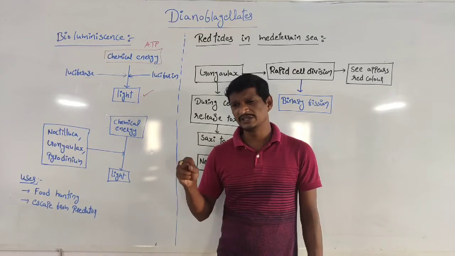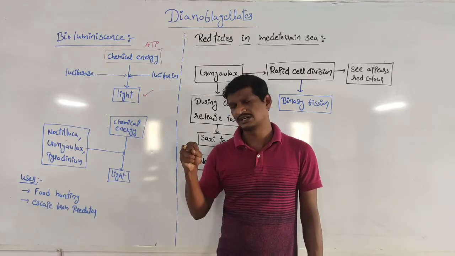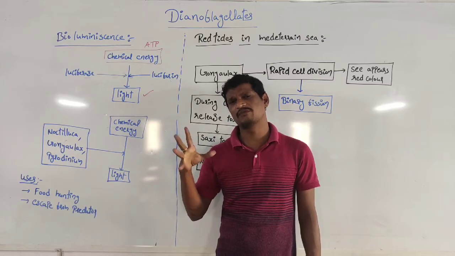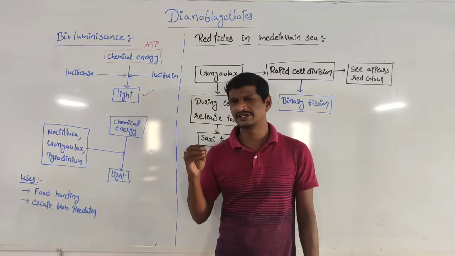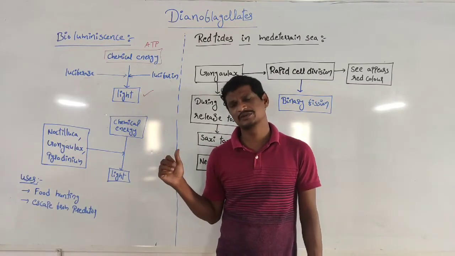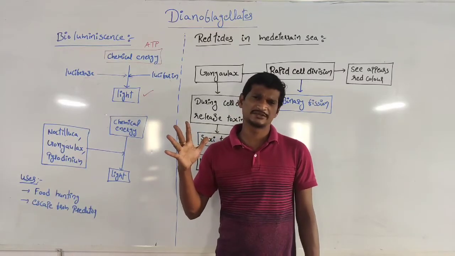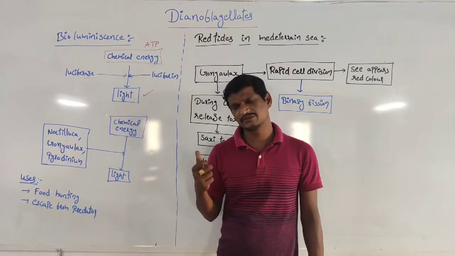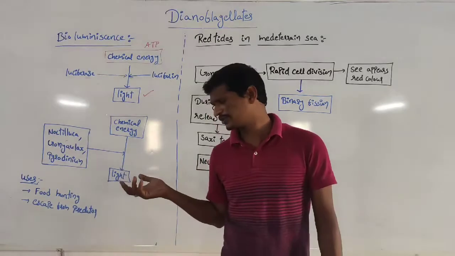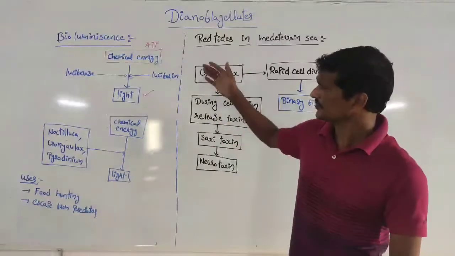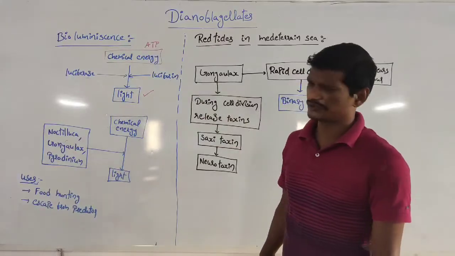Sometimes when these organisms emit light, the predators are afraid. The predators go away from these organisms because they suddenly emit light. Some organisms are afraid of the light. So that is the escaping mechanism from predators. That is about the bioluminescence process.